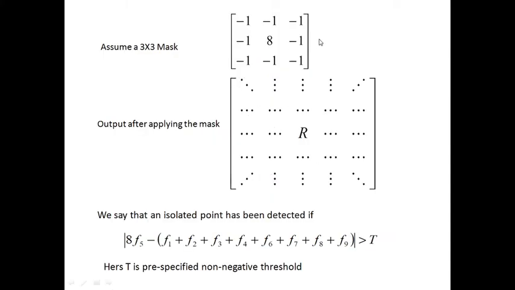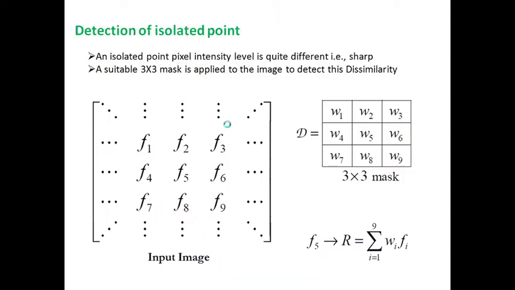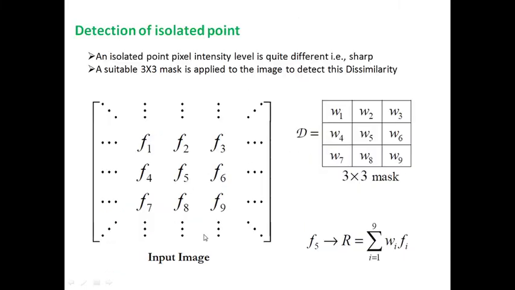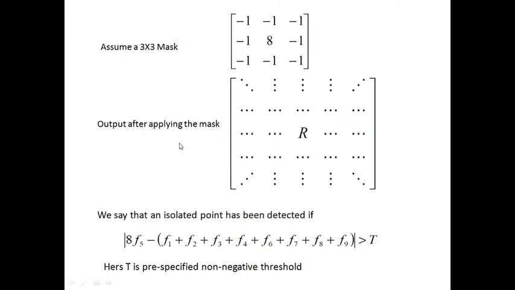After applying the mask to the given input image, the output will be a matrix of this kind. The input image is in matrix form, the mask is also in matrix form, so the output will definitely be in matrix form.